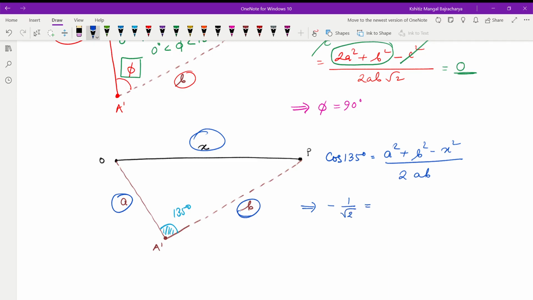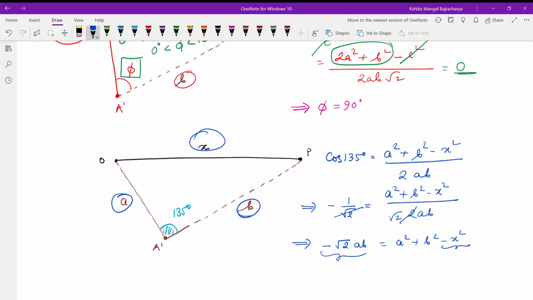This is equal to a squared plus b squared minus x squared over twice ab. This will give us square root of 2 ab is equal to a squared plus b squared minus x squared. So changing the positions of these two expressions, we get x squared is equal to a squared plus square root of 2 ab plus b squared.